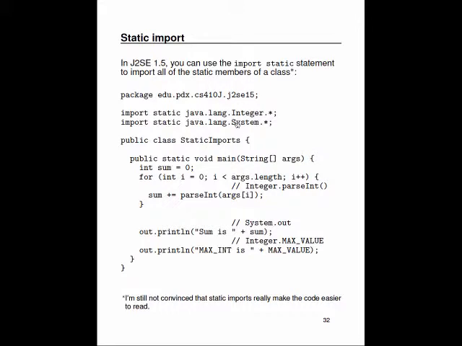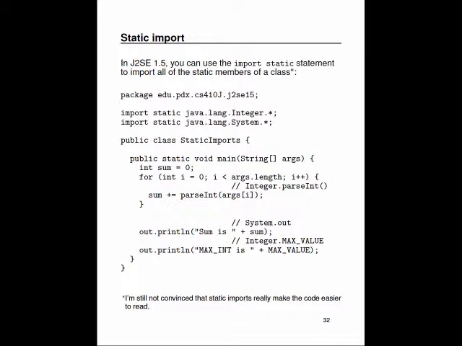And so when you do this, you can say parseInt instead of Integer.parseInt, because the Integer class has a parseInt method. And you can say out instead of System.out, and max value instead of Integer.MAX_VALUE. This saves you a lot of typing, no question. And when you're working in an IDE and you want to figure out what out means, you can just mouse over it and it'll tell you real easily.